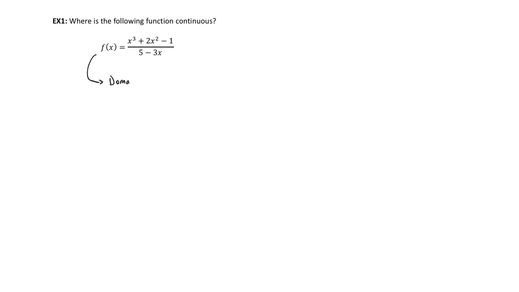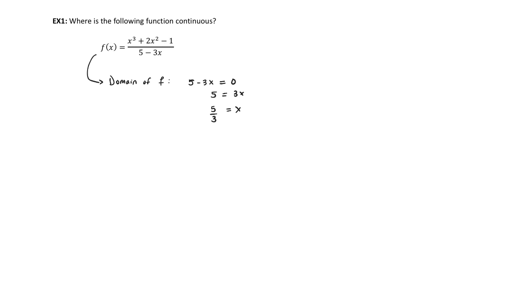So practically, the domain of f consists of every real number except when the denominator is 0. I have to find out when the denominator is equal to 0, and this is going to be equal to 0 when 5 is equal to 3x, in other words, when x is equal to 5 divided by 3.